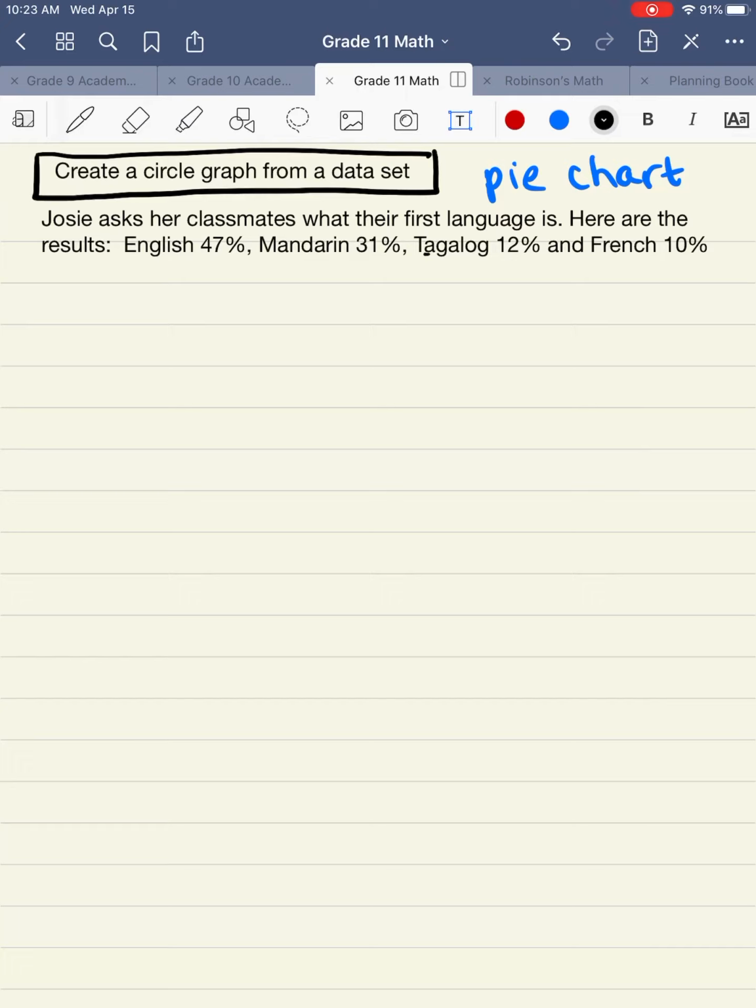So in our example, Josie asks her classmates what their first language is. Here are the results. English, 47%, Mandarin, 31%, Tagalog, 12%, and French, 10%. So we are going to recognize that a circle has 360 degrees.